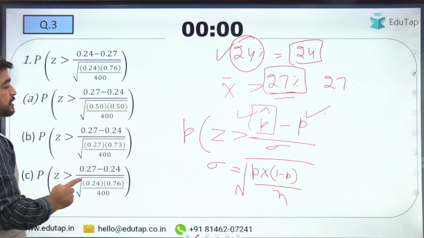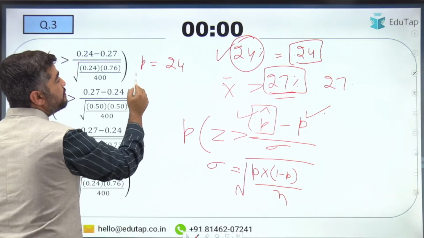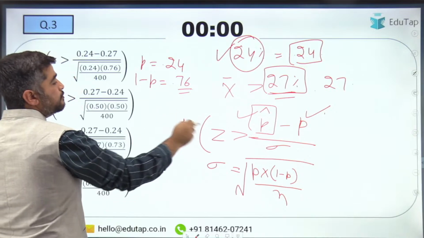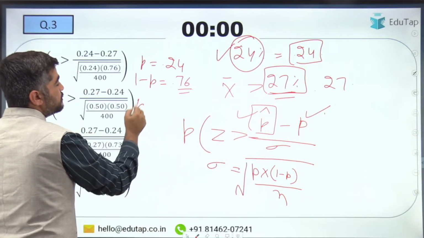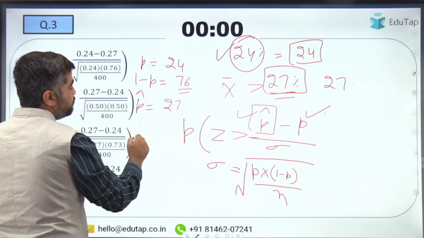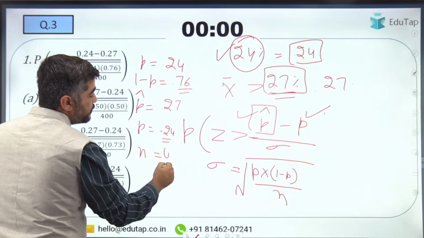So here p is 0.24, so 1 minus p is 0.76. The sample proportion is 0.27, p is 0.24, and n is equal to 400.